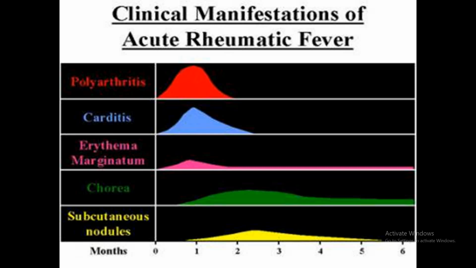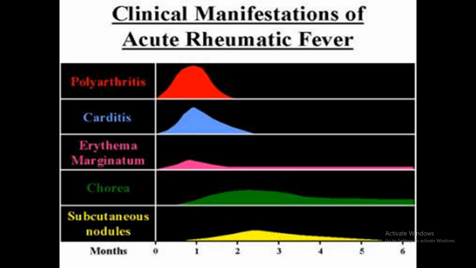Secondly, carditis. Carditis in this case is pancarditis. Basically, the pericardium is involved, and the myocardium is involved. The evidence of myocardial involvement is the increased heart rate. And the endocardium is involved, the mitral valve is involved, it is inflamed initially.